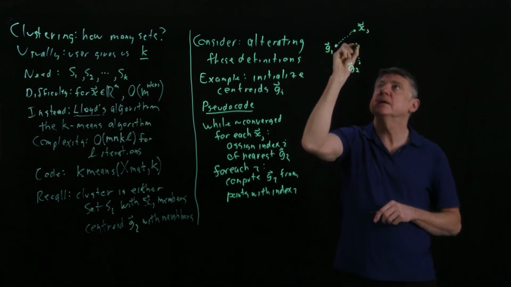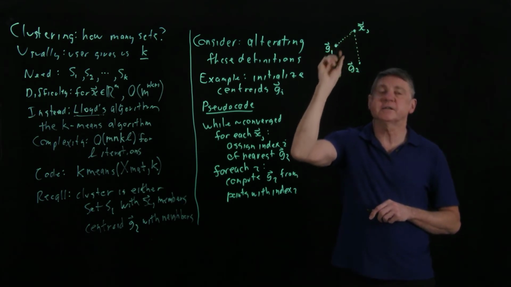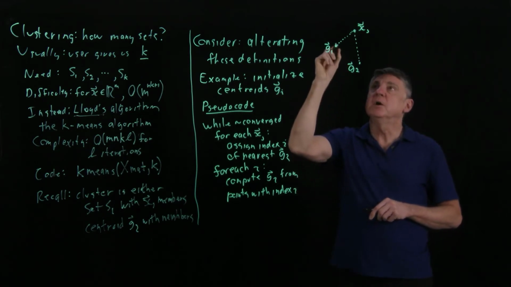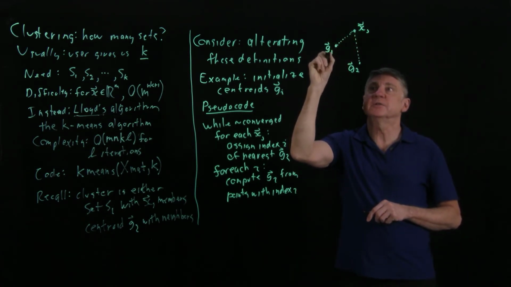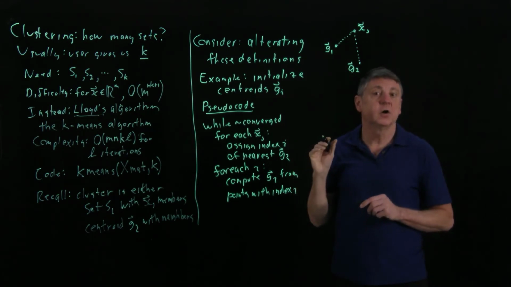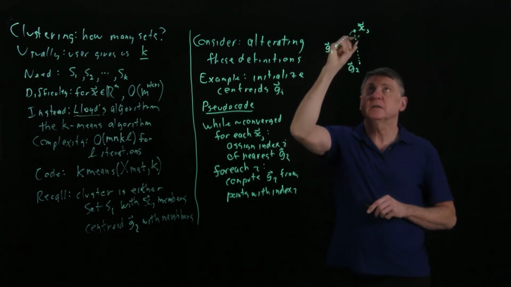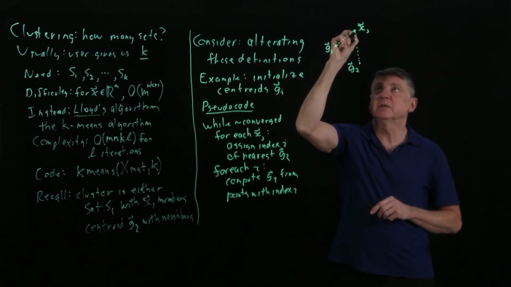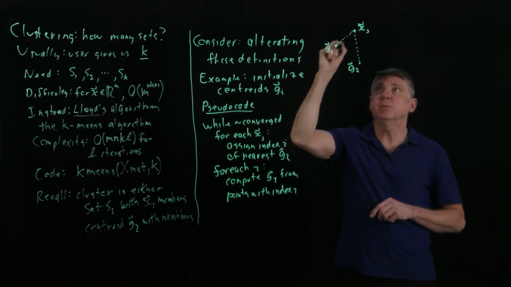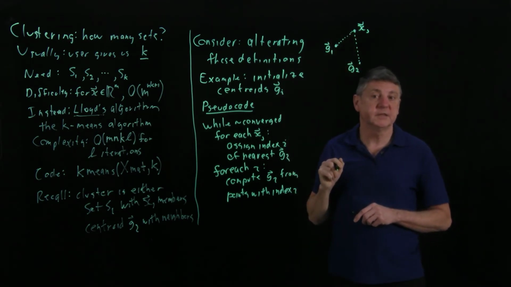Then we take the difference vector between G2 and xj, find that norm, and then we'll assign xj to either index 1 or index 2, depending on which of these norms is smaller. So in this case, we would assign this particular data vector to G1 because its norm is less than the norm of the distance to G2.